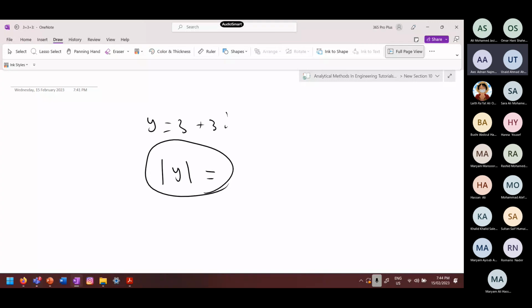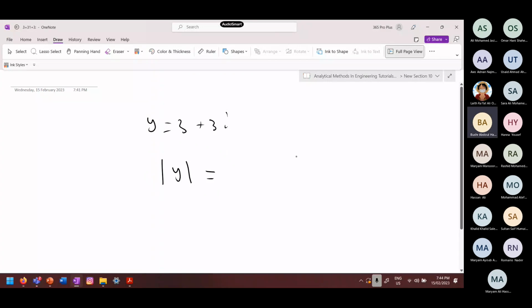The magnitude. Exactly, magnitude, not absolute value. We had this question before in the quiz, and many people just find the absolute value, which is incorrect. You need to do 3 squared, which is 9, plus 9, square root of 18. That's the magnitude.